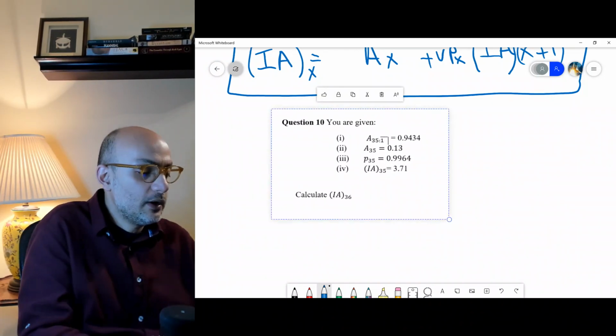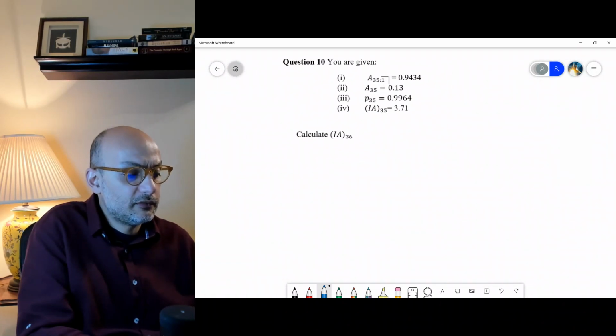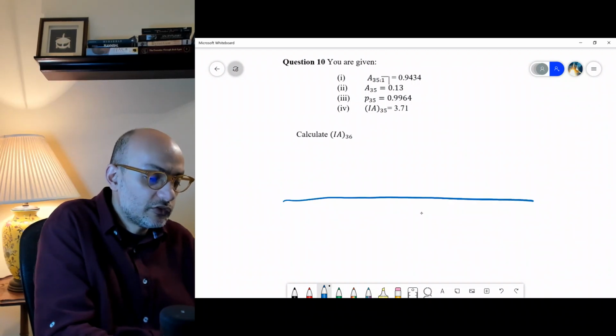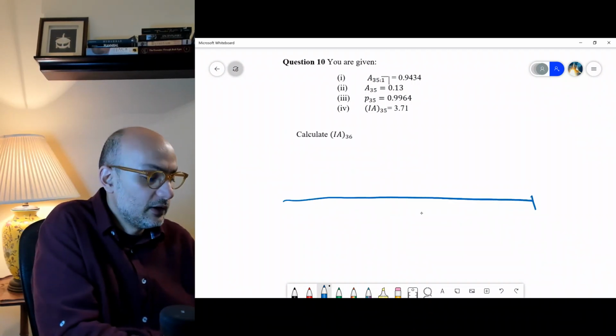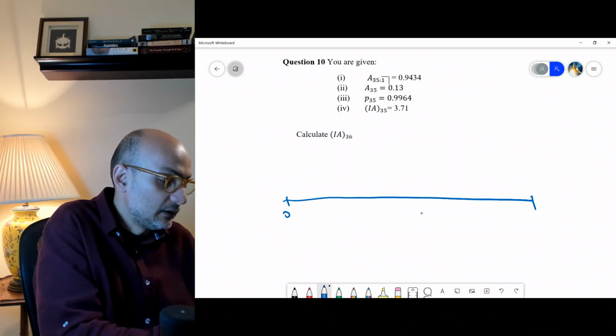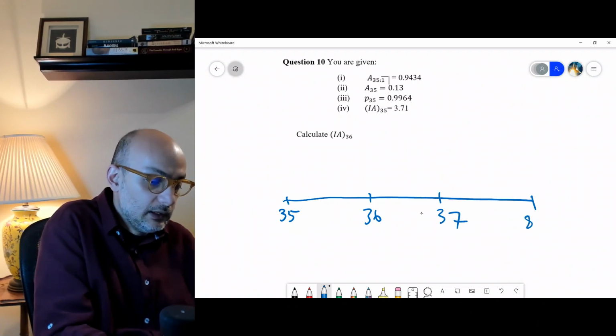And let's see how I can relate this. It's a bit interesting. It's not difficult, but if you visualize it, it's not really difficult. I always encourage you to visualize it. It's very important. So let's start like what I did before. Let's start with 0, x is 35, 35 plus 1 is 36, 37, 38, and you can keep going.